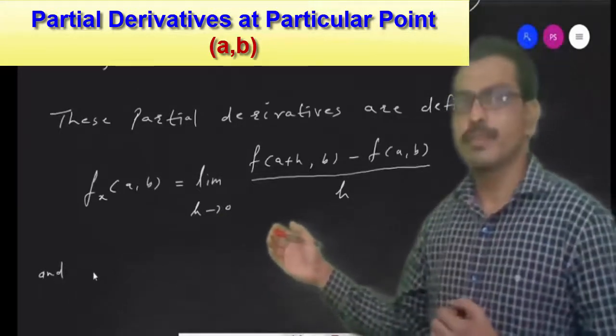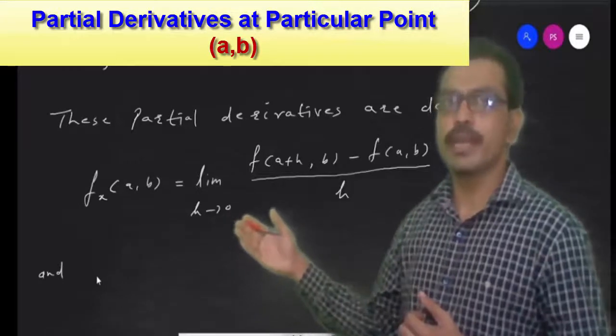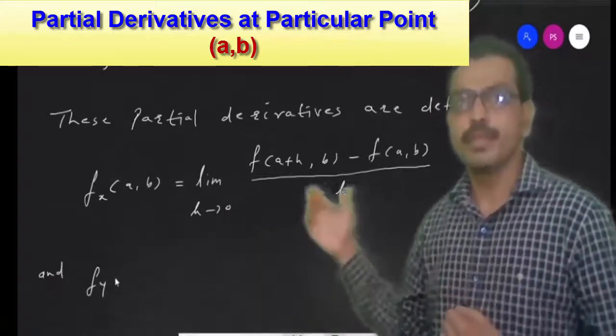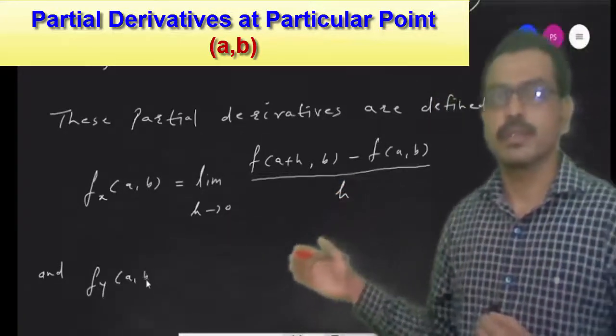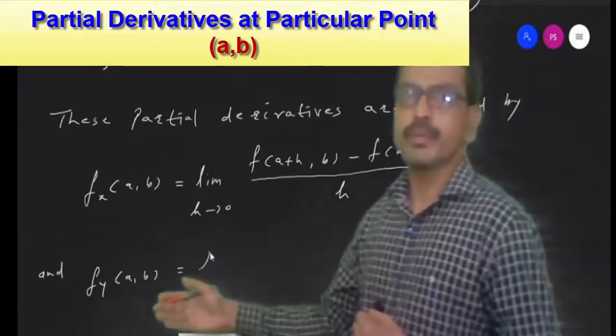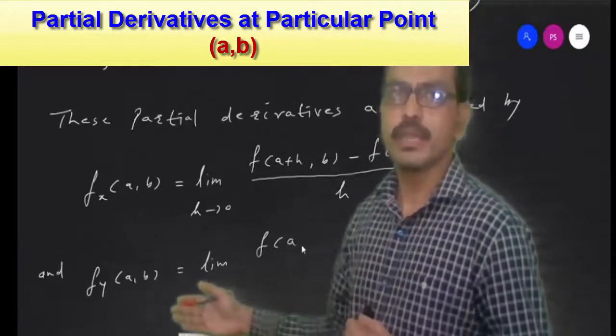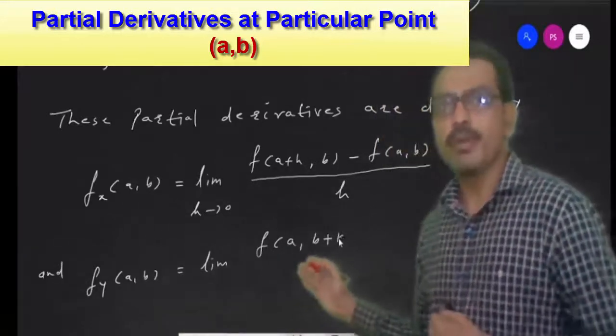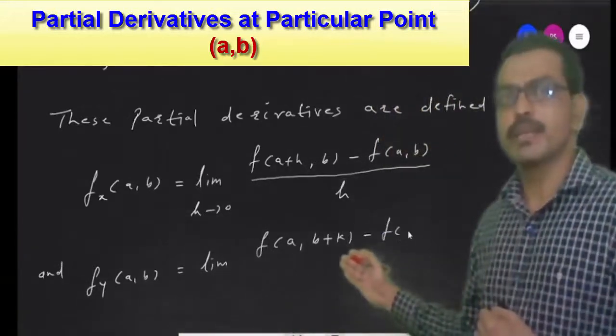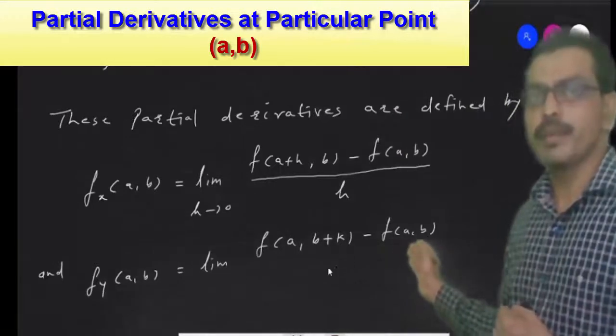Here are the partial derivatives at a particular point (a, b). Here b is fixed, and the partial derivative of the function f with respect to y at the point (a, b) is equal to the limit of [f(a, b + k) minus f(a, b)] divided by k, as k tends to 0.